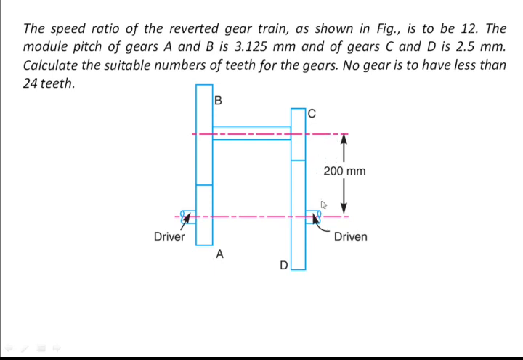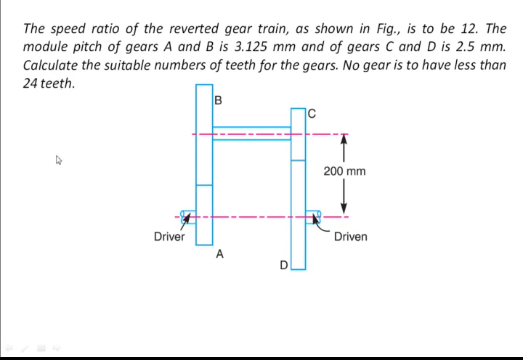The center to center distance between the gears A and B as well as gear C and D is 200 mm as per our diagram, and the modules are different for both the pairs. For AB the module is 3.125 and for CD the module is 2.5. And one more condition given in the problem is that the gears should not have less than 24 teeth.